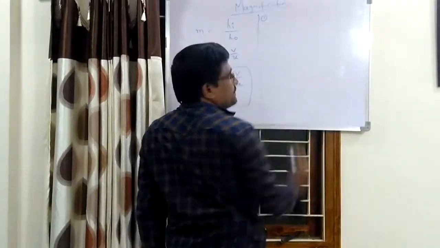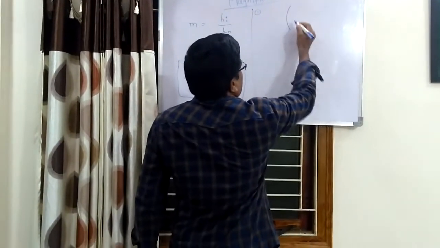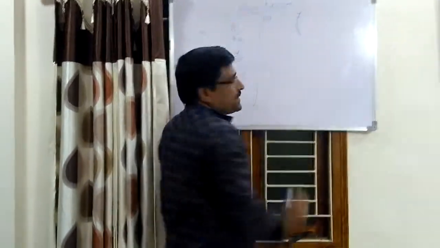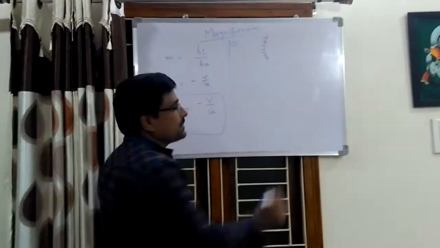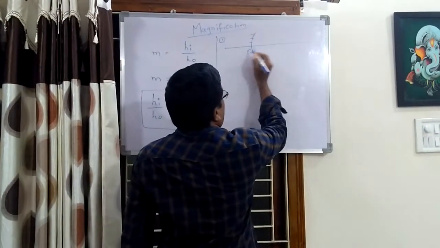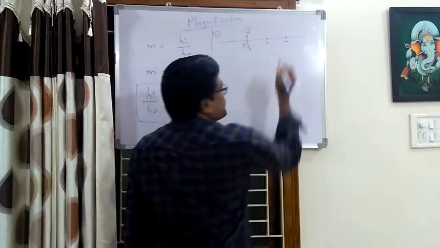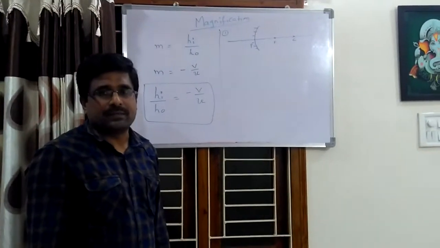First case. This is the concave mirror. It is the pole, it is the focus, and it is the center of curvature C.